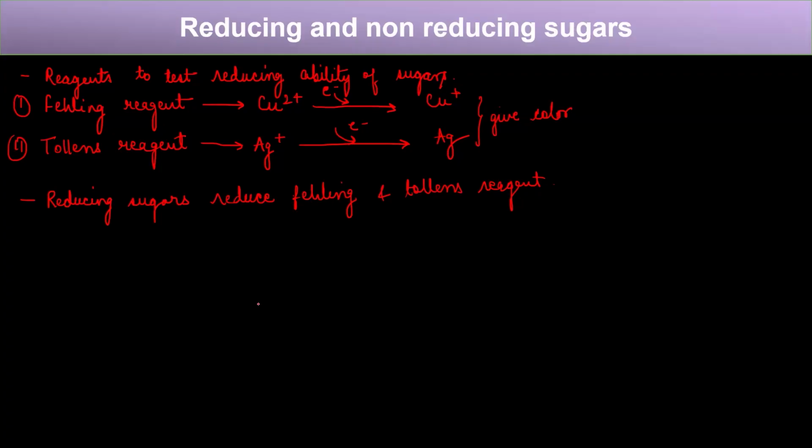Now, why do some of the sugars do this while others don't? The sugars reduce these reagents because they have a free carbonyl carbon.